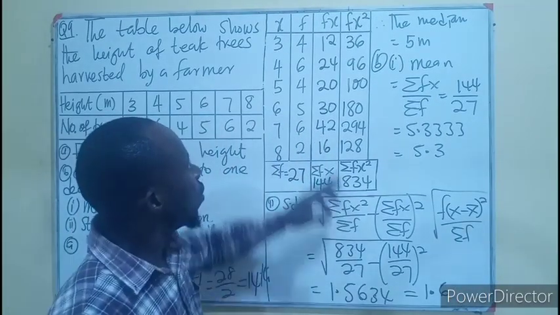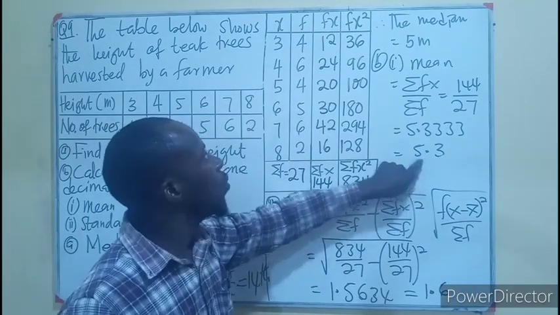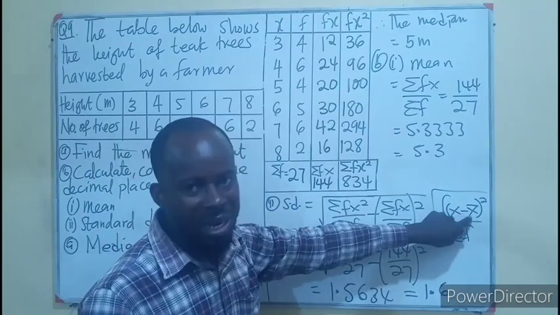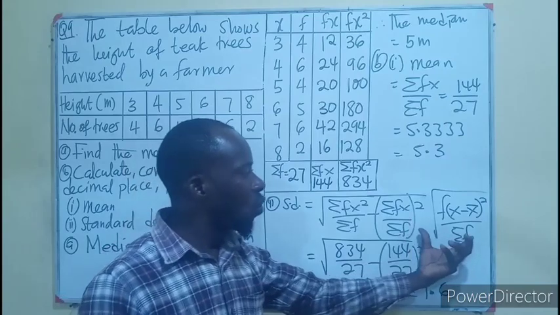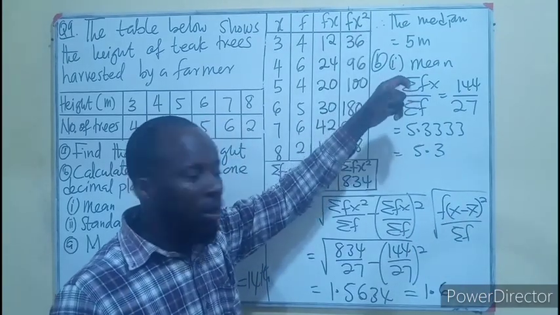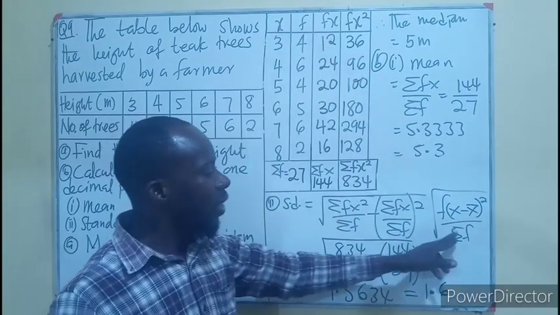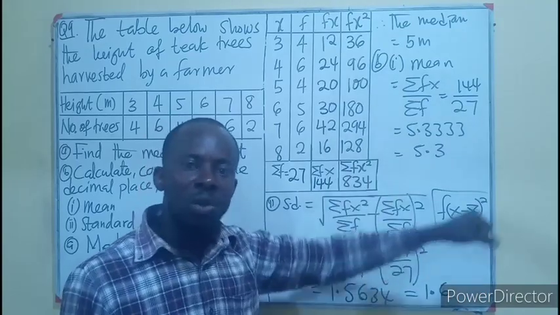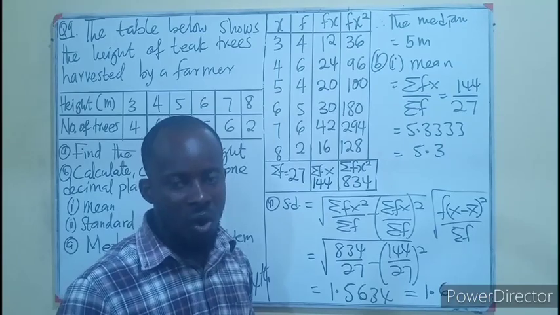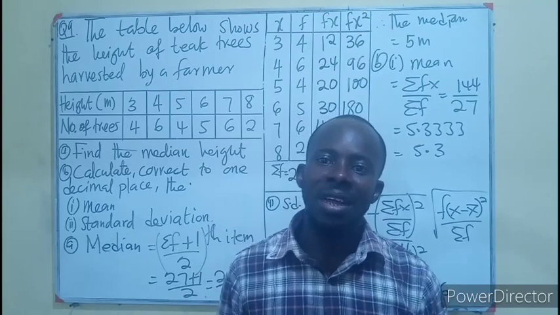In this case, you have the column for x, you find the mean as we have, and subtract it from x to produce a column called x minus the mean. Then we square the values, multiply by the frequency, find their total, then divide by 27. If you find the square root of that, you still get 1.6 as the deviation of the data when it comes to the height of the trees.